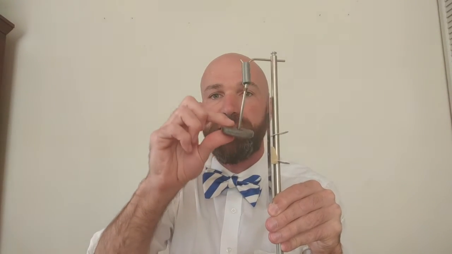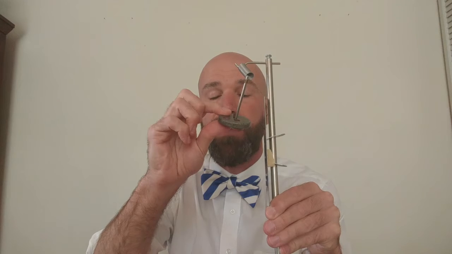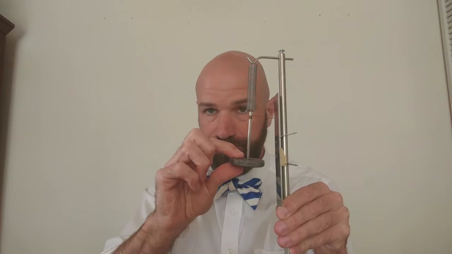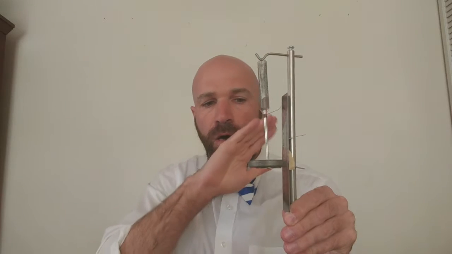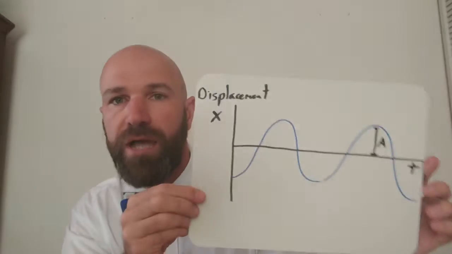All right. And then as I let this thing go, it's going to travel through the middle up to the top, highest amplitude, back down to the equilibrium, and then back down to the bottom amplitude. And it's going to continue to do that over time. And that is what our graph is showing.